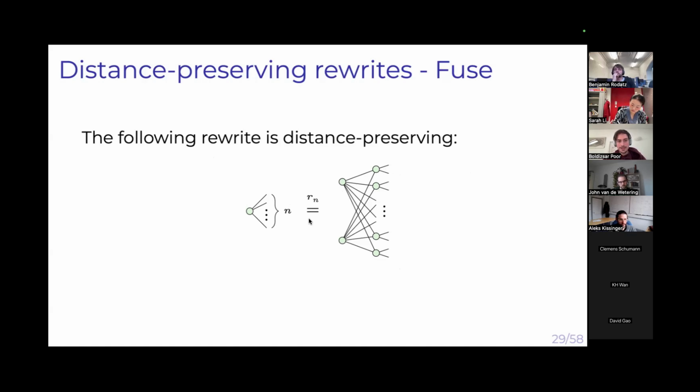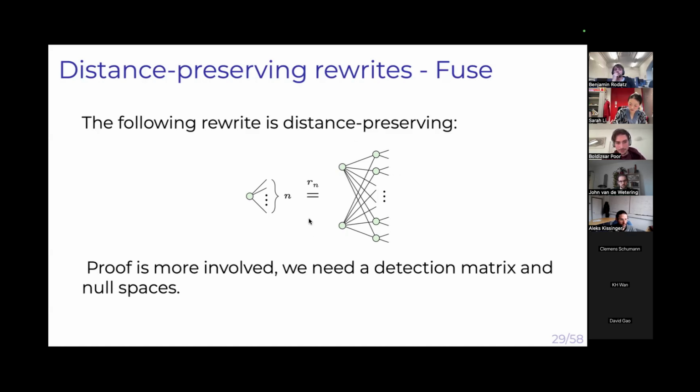So this is the rewrite. Here, I'm not going to show you the proof. It's quite a bit more involved. So what we do is we kind of describe the detection matrix of this diagram and reason about the null space of this detection matrix. But in the end, it does come out really nicely.